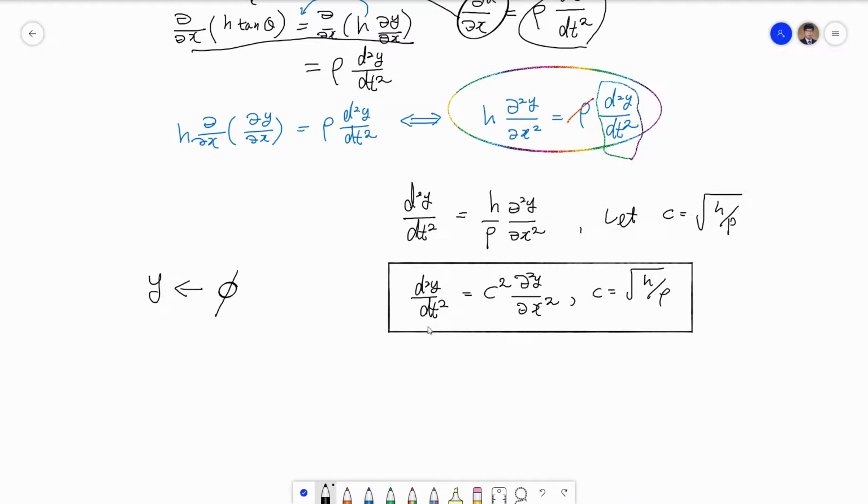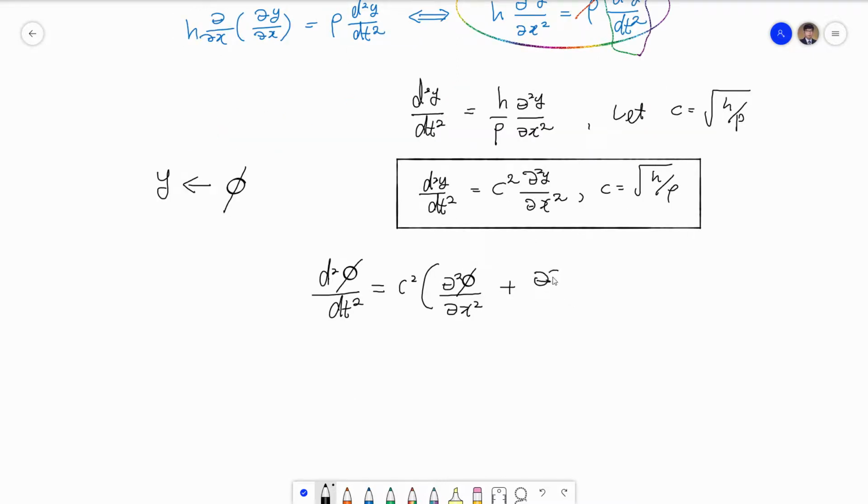Then if we rewrite, d square phi over dt square equals c square times parenthesis, partial square phi over partial x square plus partial square phi over partial y square plus partial square phi over partial z square.